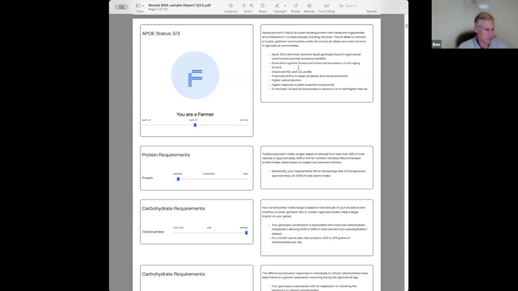As you can see here, extended cognitive fitness and enhanced expression of anti-aging sirtuins, improved HDL and LDL profiles, improved ability to repair synapses and neuroprotection, higher viral protection, and a higher response to plant bioactive compounds.